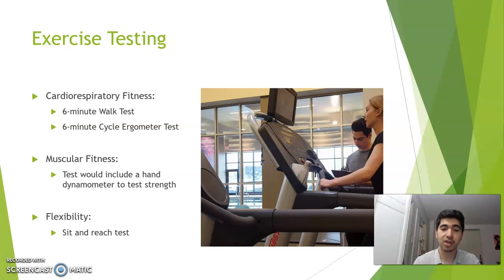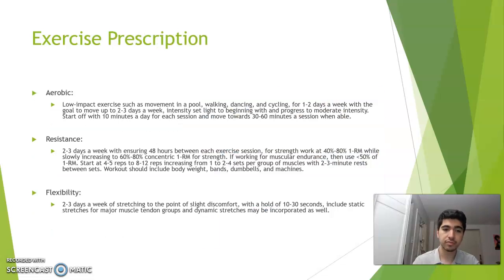The reasoning behind these choices is that all of these are easy to perform and low intensity, so we wouldn't have to worry about the client hurting themselves, becoming sore, or any sort of issue.